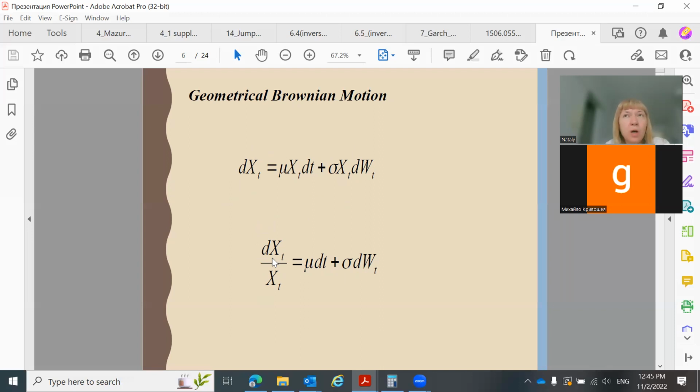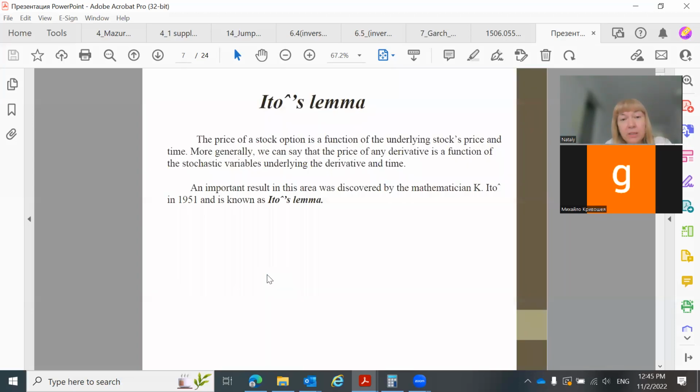We don't know, because X is a stochastic process. But for this we know Ito's lemma. Ito's lemma answers the question of how we can find derivatives of a stochastic process.